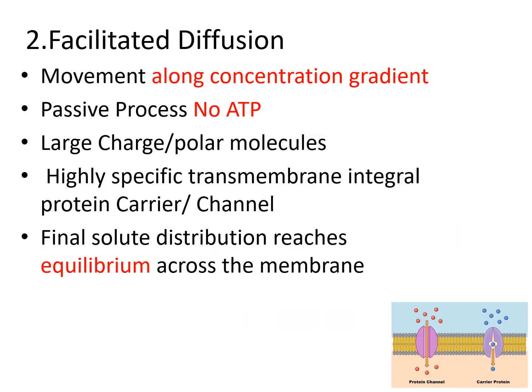The movement of the larger polar molecule across a plasma membrane through channel or carrier protein is termed facilitated diffusion. And in this diffusion, the molecules move along the concentration gradient and do not require any ATP, and they move from higher to lower across the plasma membrane until an equilibrium is reached.